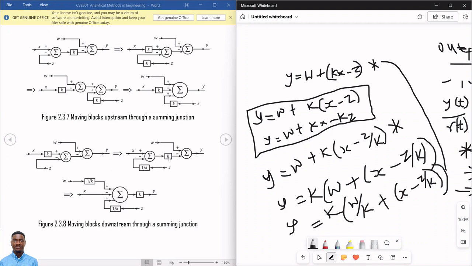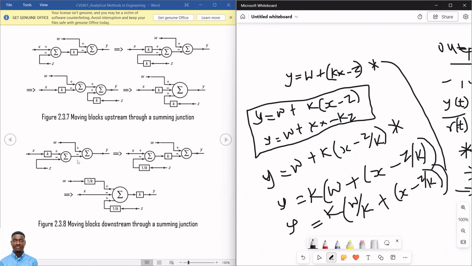So that's why when I move this k downstream, I need to return 1 over k on this very line of w, so that the model of this will be the same as the model of this, and the same as the model of this. So that's downstream movement. Downstream movement is movement to the right, upstream is movement to the left.